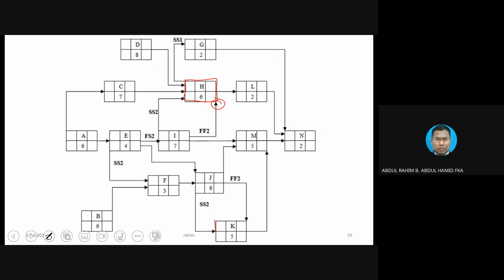You need to be very careful. This one is also such a situation. There are two arrows coming in and out. If you have the idea, and you go from one activity to another carefully, you should be able to get this value, and you should be able to get the total float and the free float.